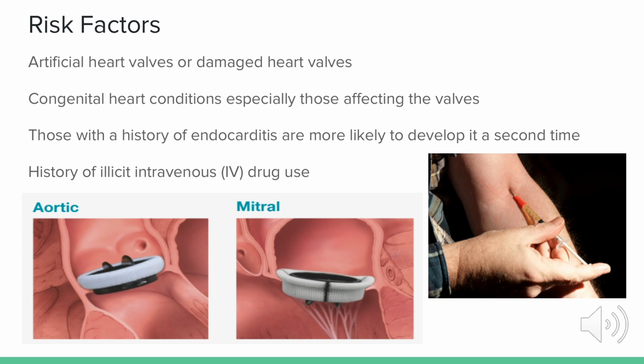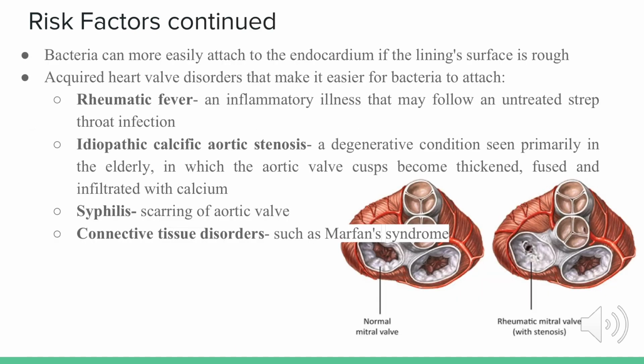Some risk factors are artificial heart valves or damaged heart valves, congenital heart conditions, especially those affecting the valves. Those with a history of endocarditis are more likely to develop it a second time, and a history of illicit intravenous drug use. Bacteria can more easily attach to the endocardium if the lining surface is rough.